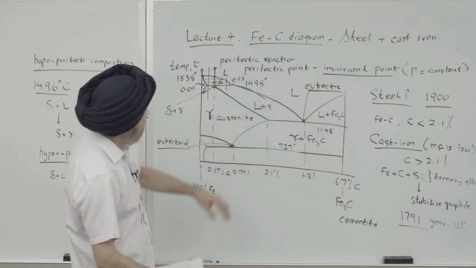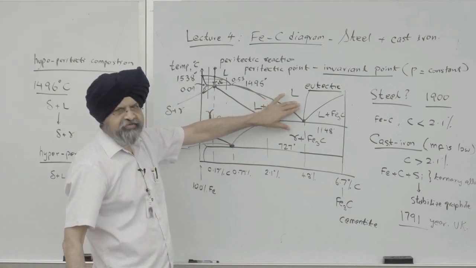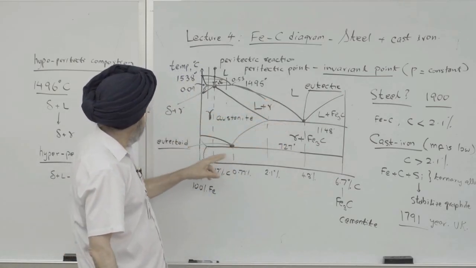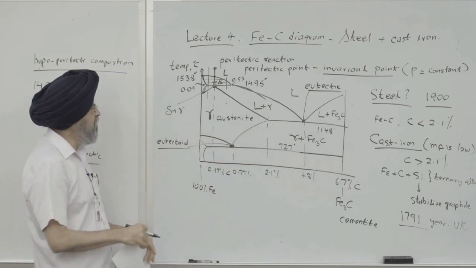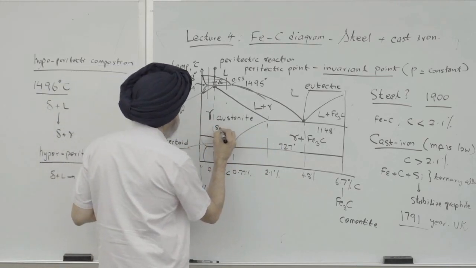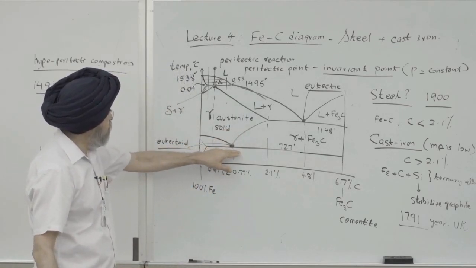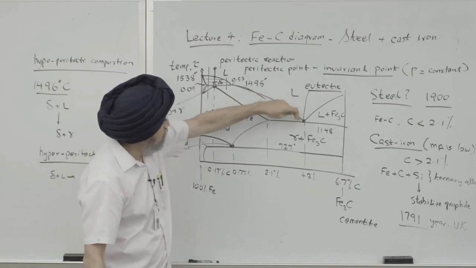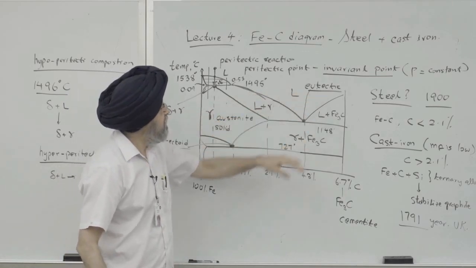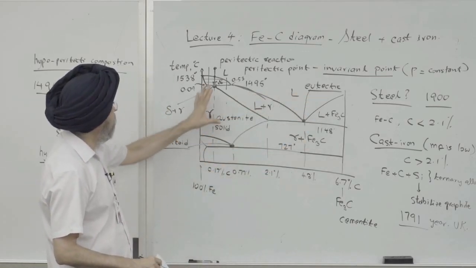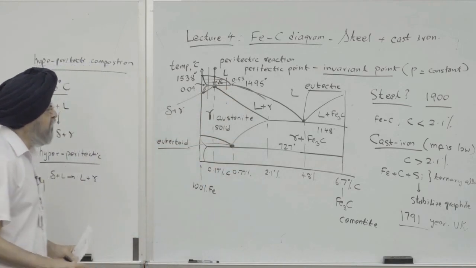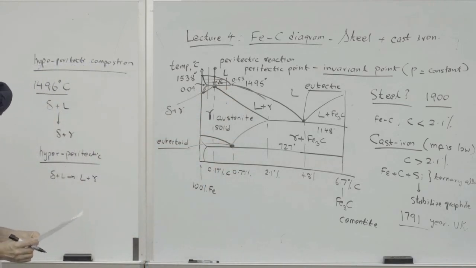So eutectic has a liquid phase above the eutectic point. Eutectoid has a solid phase. So here, a solid is going to solid. Over here, liquid is going to solid. So that's eutectic. So we have three invariant points in this phase diagram.